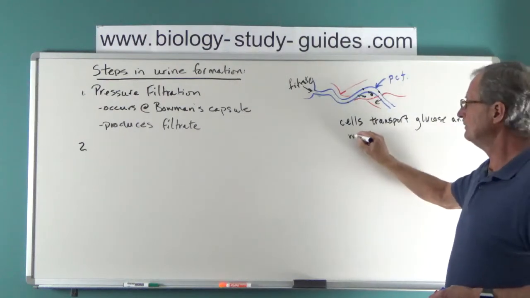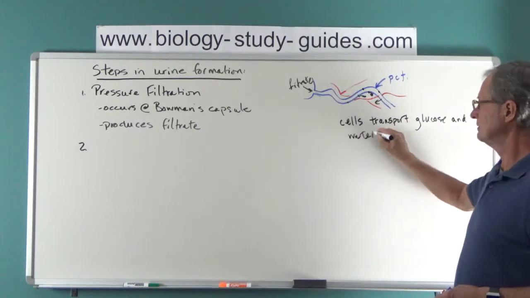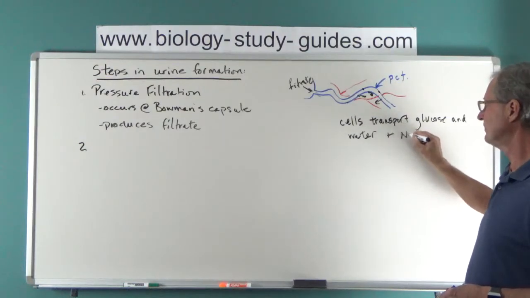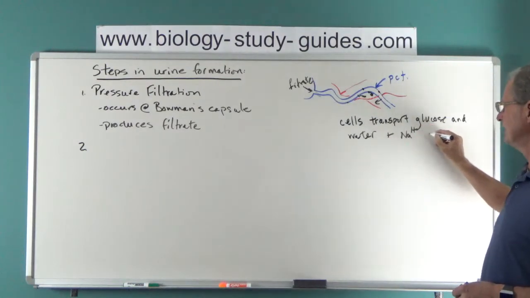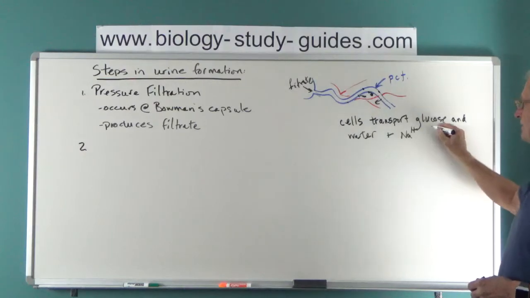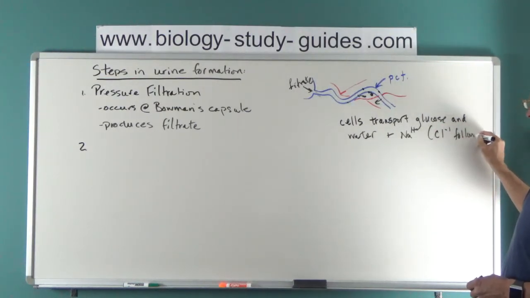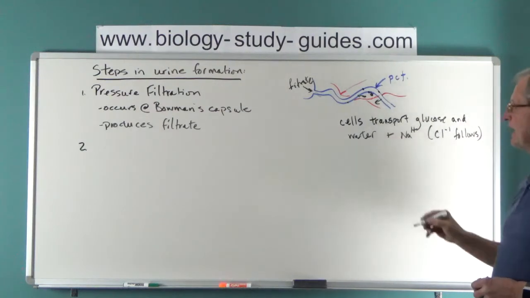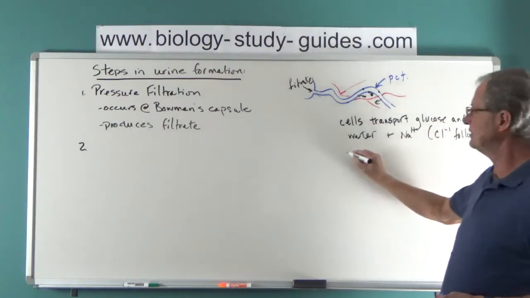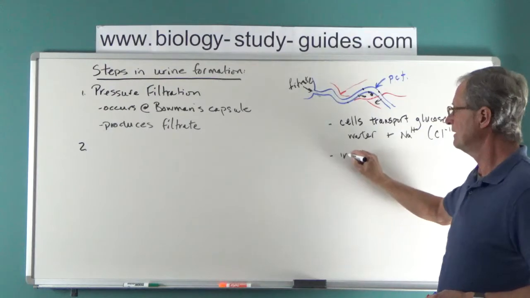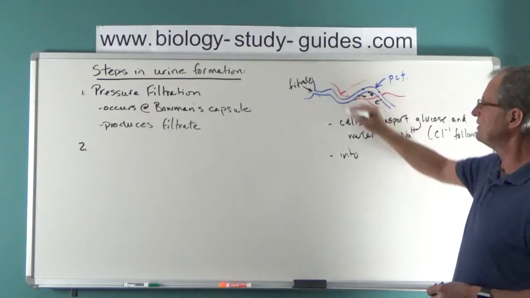A little bit of water, a little bit of sodium, not much, but some. A little bit of chlorine follows passively. So we do get some of the ions back, but it transports these materials into the tissue spaces of the cortex.